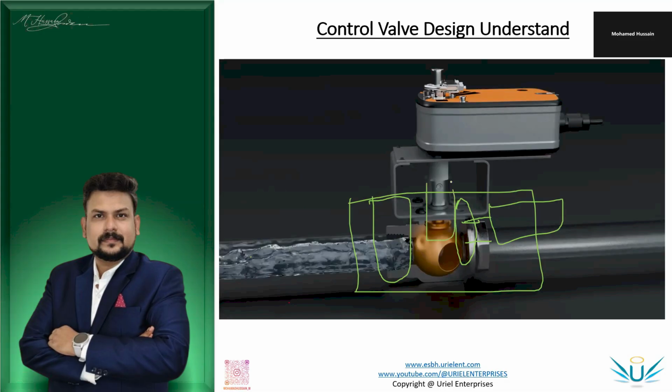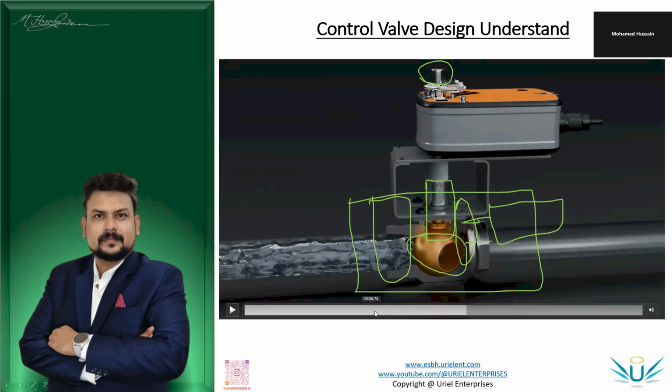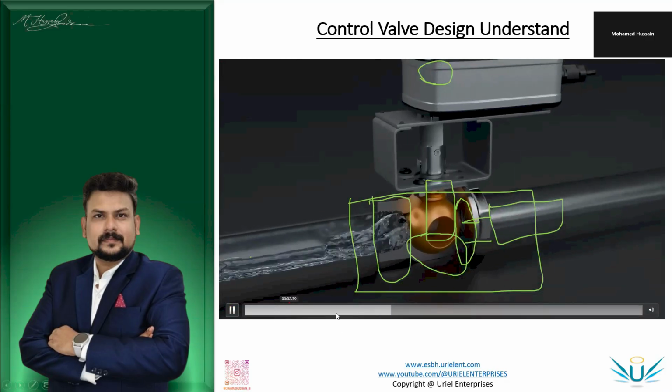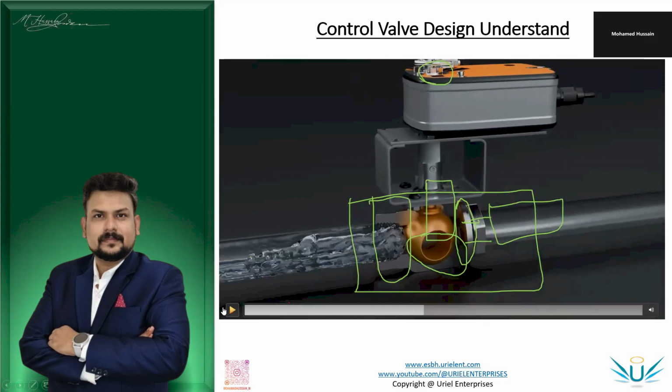This stem is connected to this actuator. So this actuator rotates the stem, then the valve body rotates. I will show this animation once again so you can recollect that. Wait a minute.